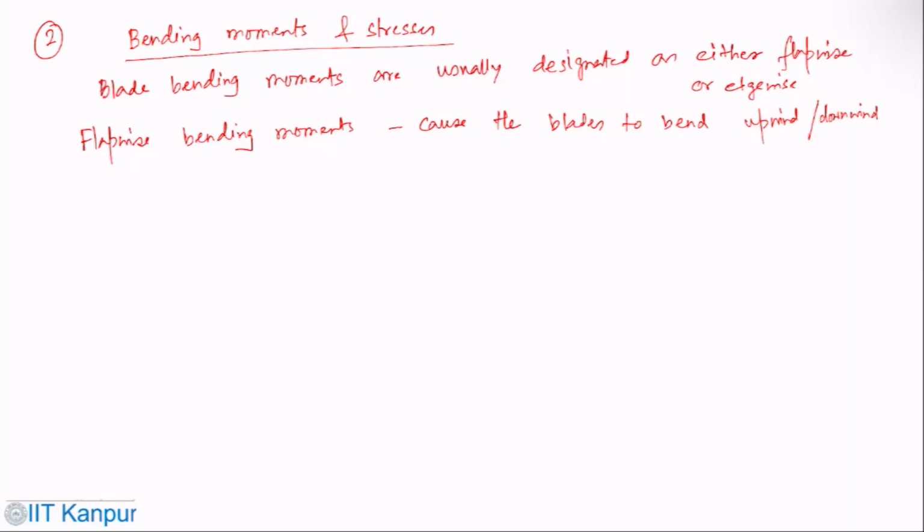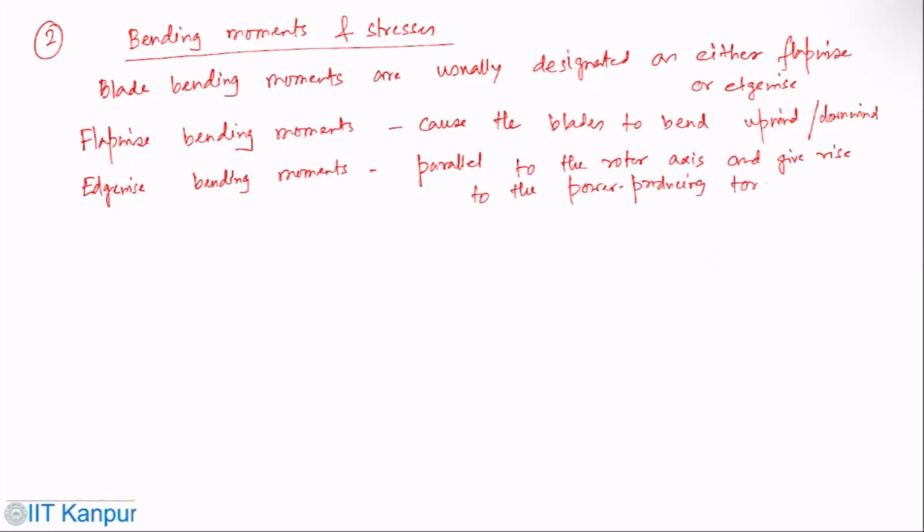The other one could be edgewise bending moments. These are parallel to the rotor axis, and they give rise to or produce torque.